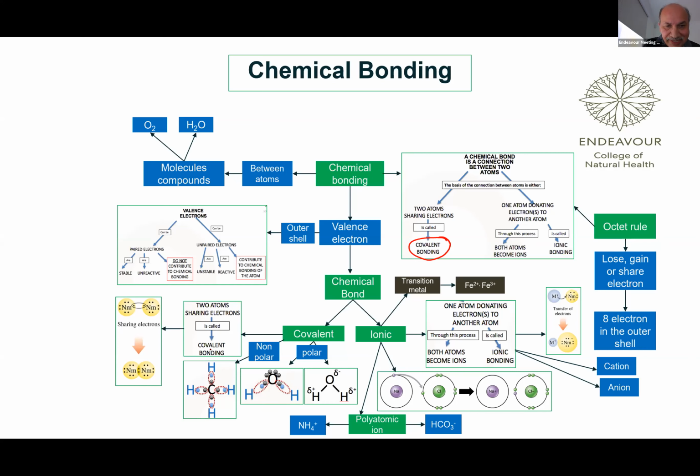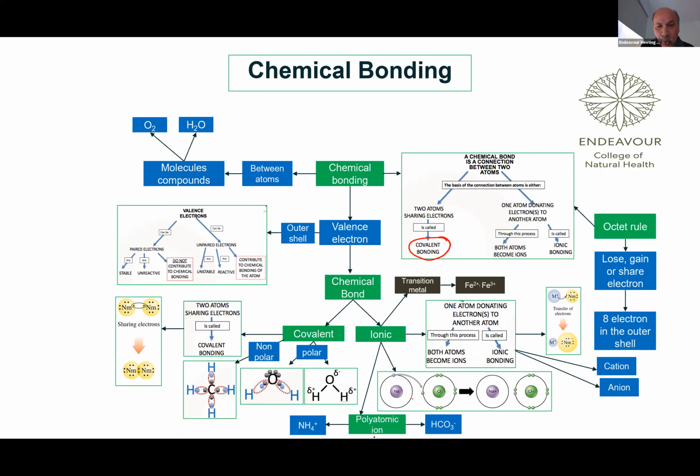Two atoms sharing electrons equally is always between non-metals. In the case of ionic bonding, it's between a metal and a non-metal. Metal loses electron, non-metal gains electron, becoming cation and anion. Sodium chloride is an example of an ionic compound.